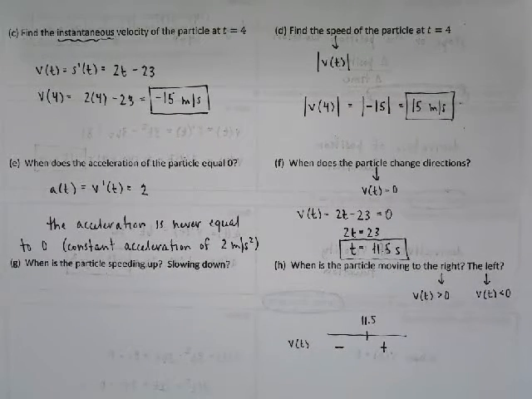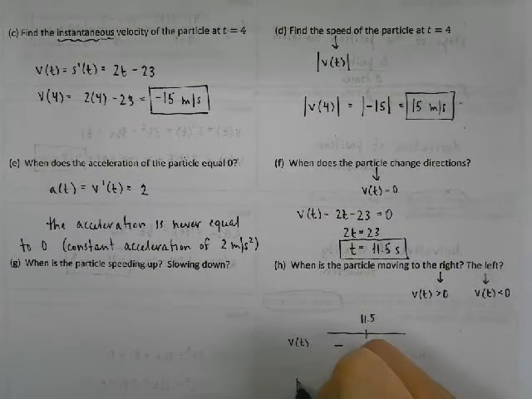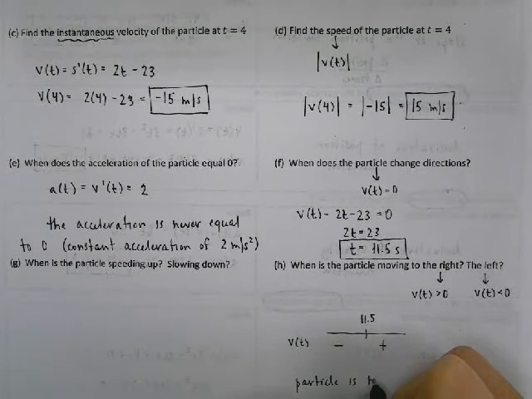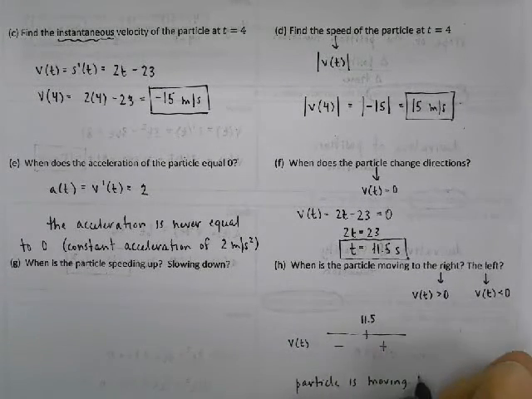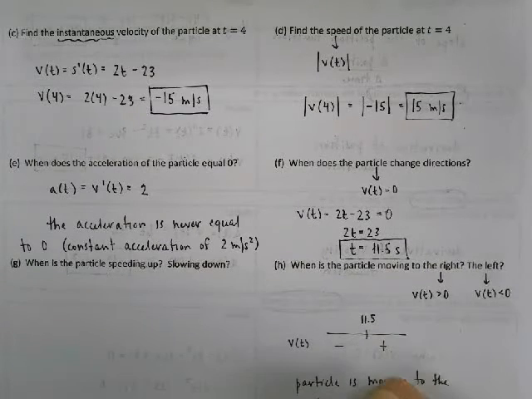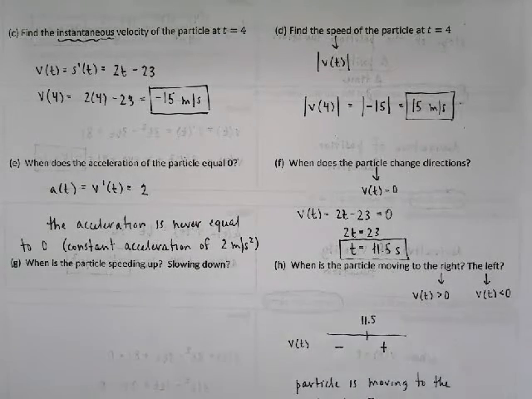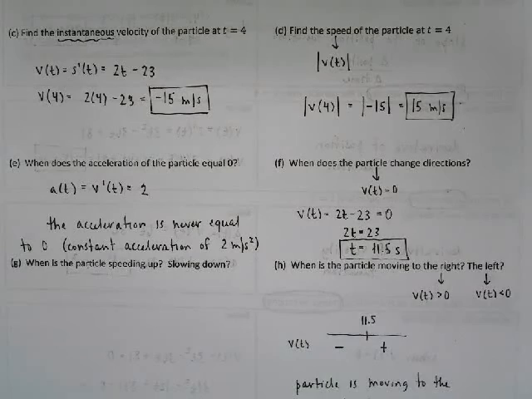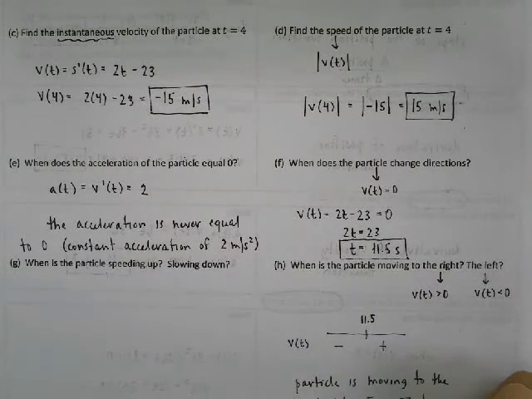So what this is telling me is that the particle is moving to the right for time between 0 and 11.5 seconds. Excuse me, that's not true. The particle is moving to the left on that interval because my velocity is less than 0.